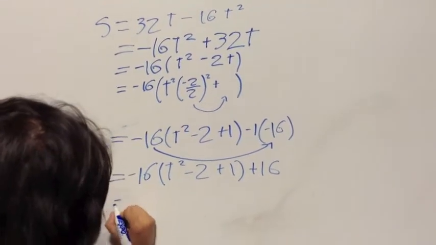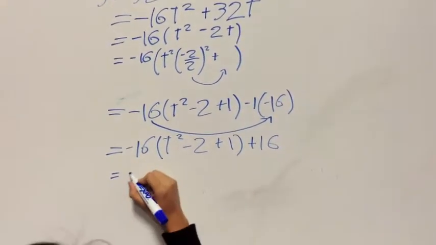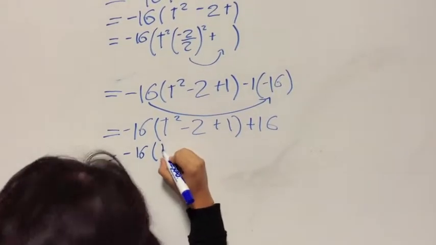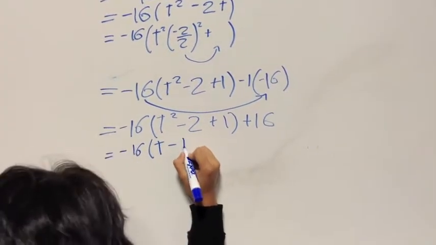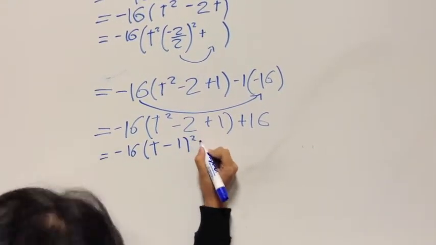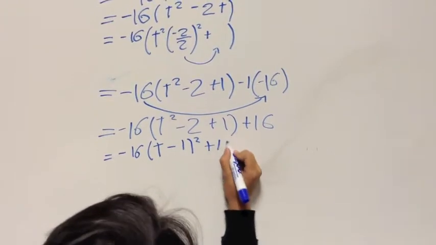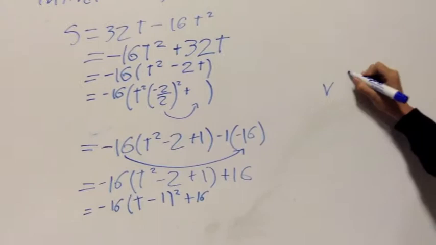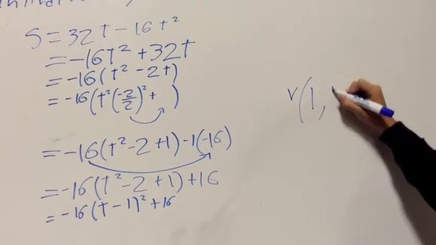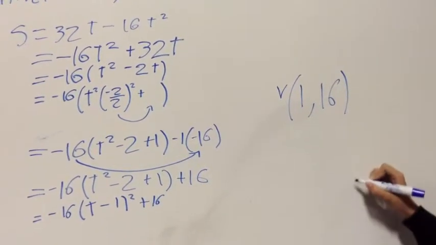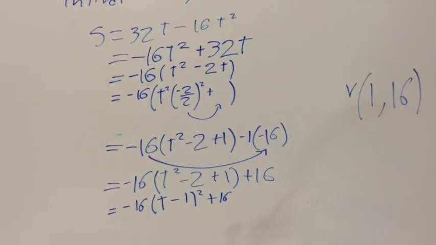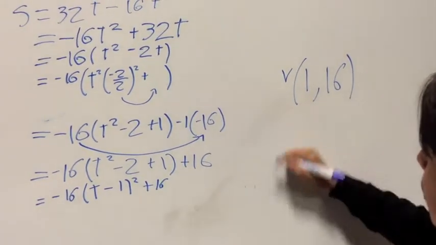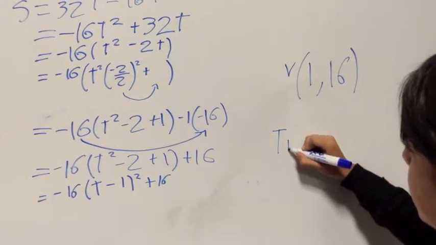Then, as we completed the square, we can factor our equation, and it ends in minus 16 times t minus 1 squared plus 16. So the vertex values are inside the perfect trinomial: 1 and 16. We change the sign of the minus 1 to 1, and add the positive 16.